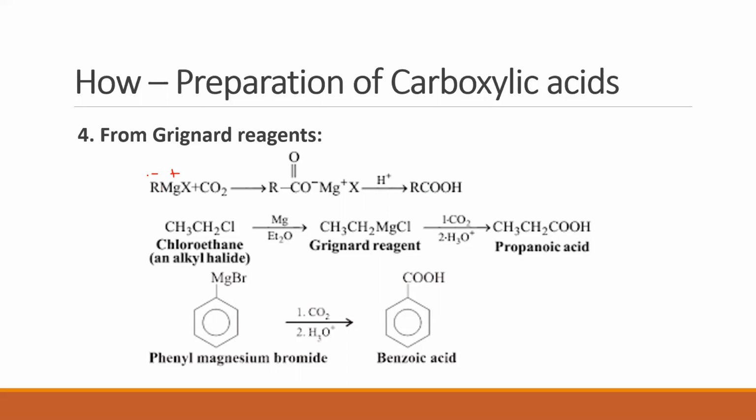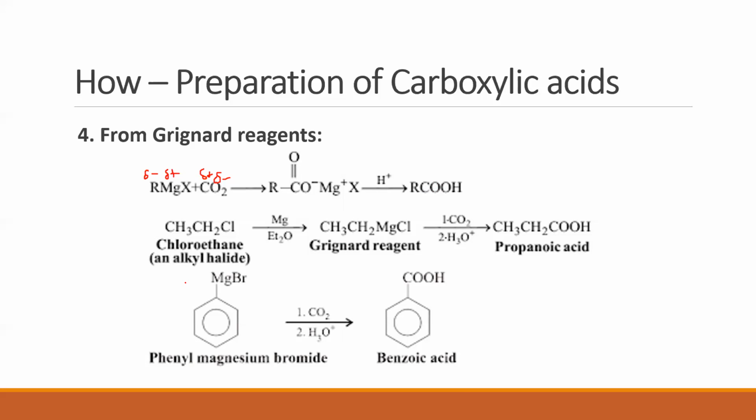Here, I've written complete charges, but these are actually partial. Something that you have already understood. Same way, in carbon dioxide, oxygen is partially negative, carbon is partially positive. Clear? Yes, because of inductive effect.